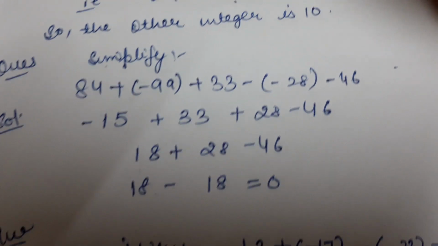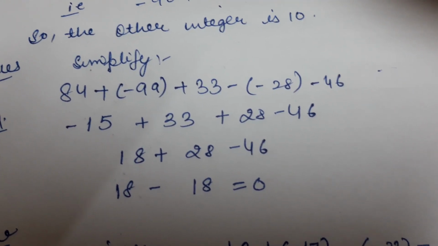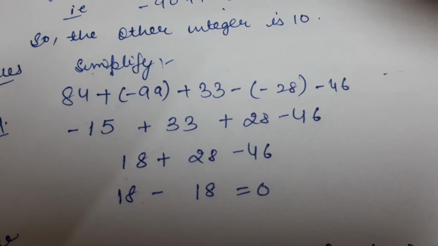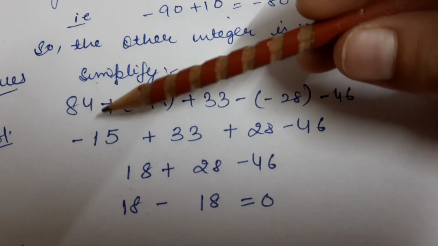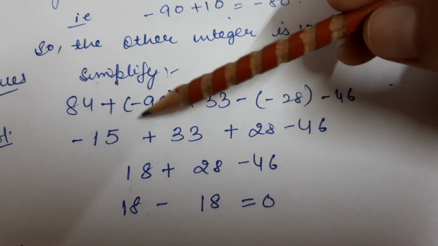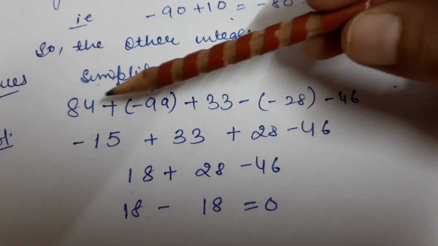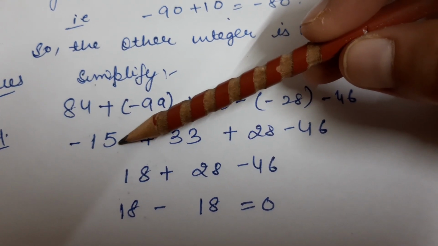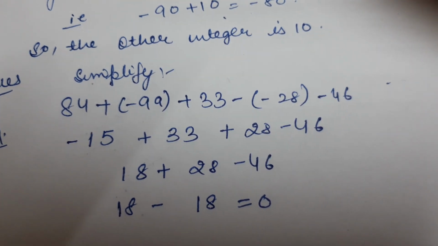Next question is simplify 84 plus of minus 99 plus 33 minus of minus 28 minus 46. Now 84 plus minus is minus. 99 and 84 when subtracted, answer is 15, and the larger number is 99, so here we'll be having minus 15.